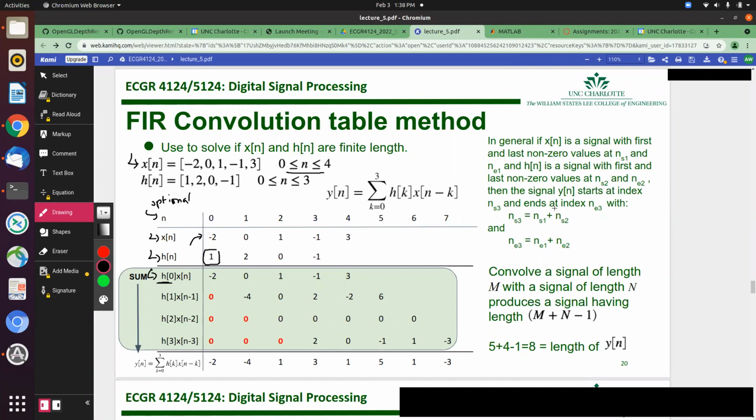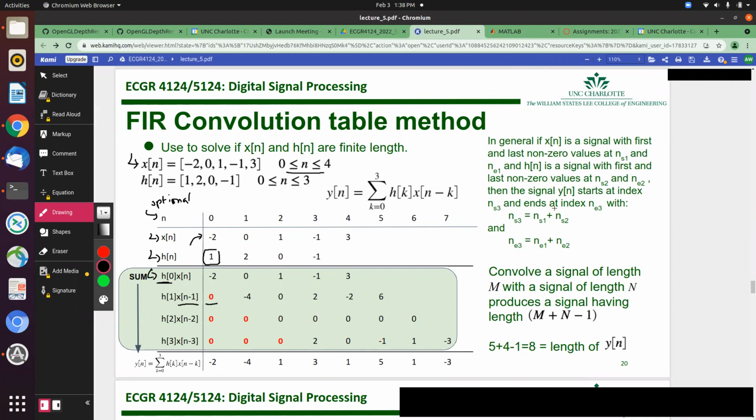Then we stop. The next row, we do something very important before we start the process. Again, we insert a 0. Why do we insert a 0? We're actually going to be delaying X, in this case, by 1. So our output actually starts at the next index of n, not at the index we had before.